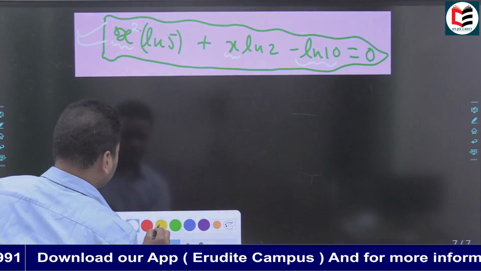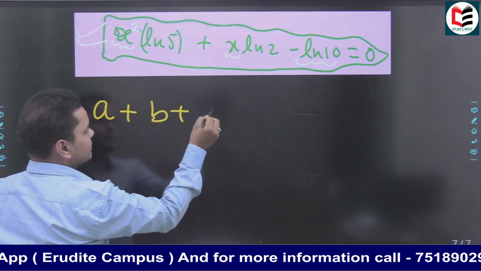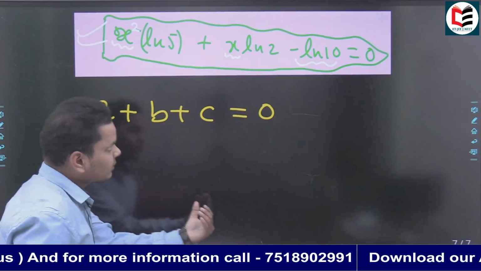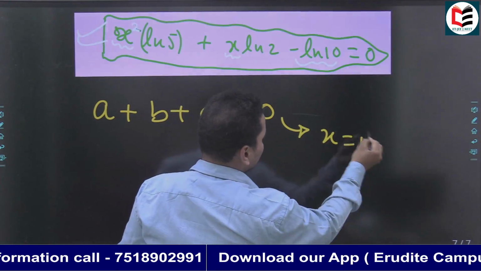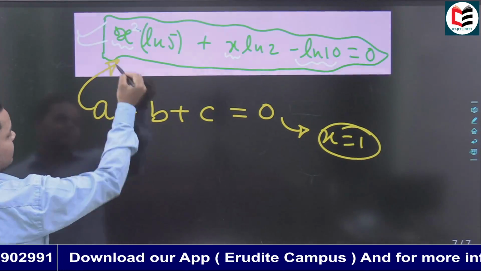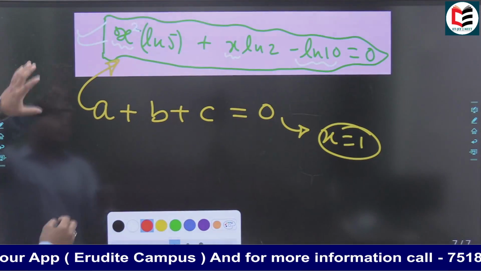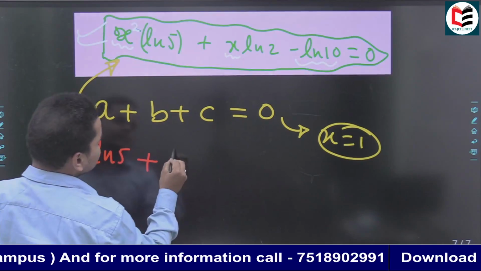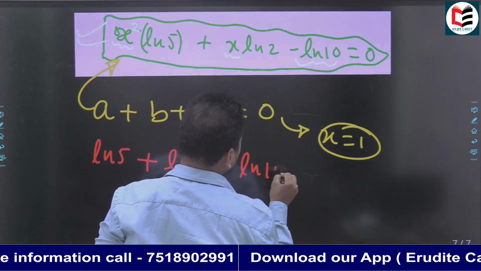Listen. As I already explained, if a plus b plus c, meaning the coefficients of any quadratic equation, sum up to 0, then one root will always be x equal to 1. Let's check it in this equation. Is it satisfying or not? Now a means ln 5, b means ln 2 and c means minus ln 10.